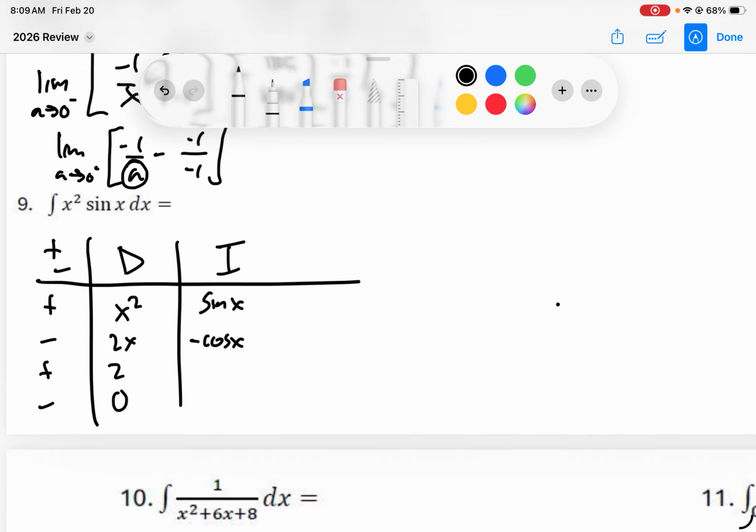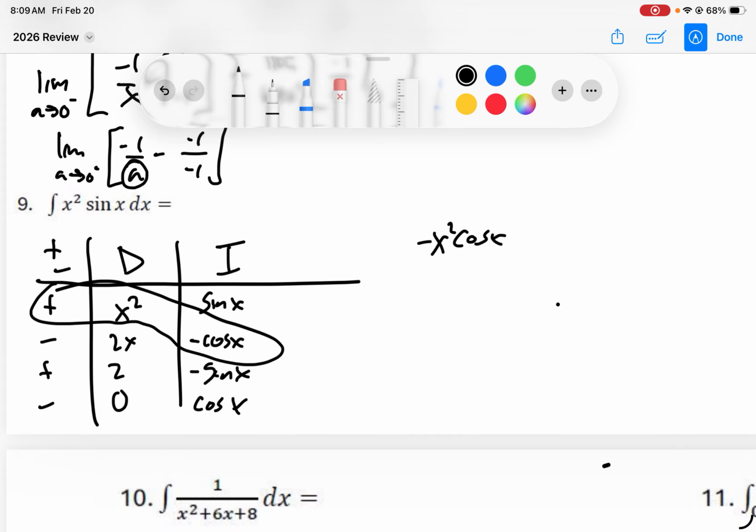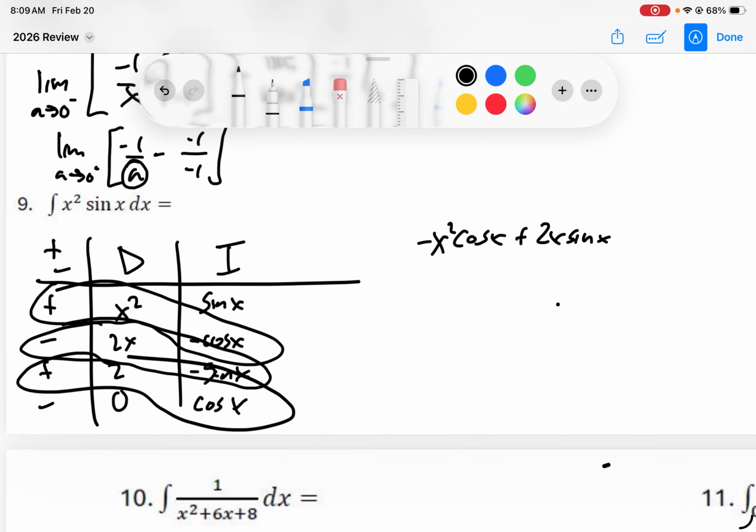So the integral will be negative cosine, right? And then negative sine, and then cosine. Over and down. So multiplying that together, you get negative x squared cosine of x. Two negatives would be plus 2x sine x plus 2 cosine of x plus c.